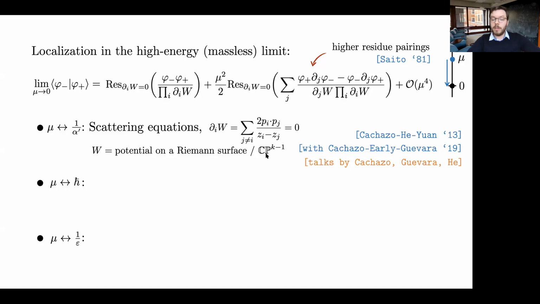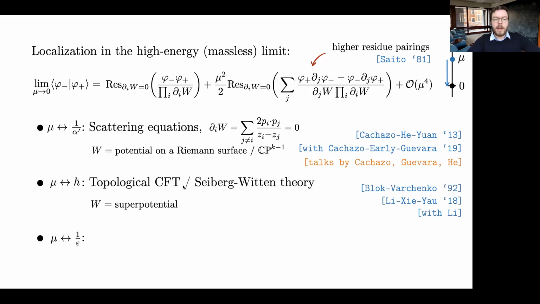And we learned in the talks yesterday by Cachazo, Guevara, and He that there are also interesting generalizations to other types of projective spaces. Another place where these kinds of formulae appear is in topological CFTs or in Seiberg-Witten theories, in which now, instead of the mass scale mu, we have an h-bar, and W is a superpotential for a given theory.